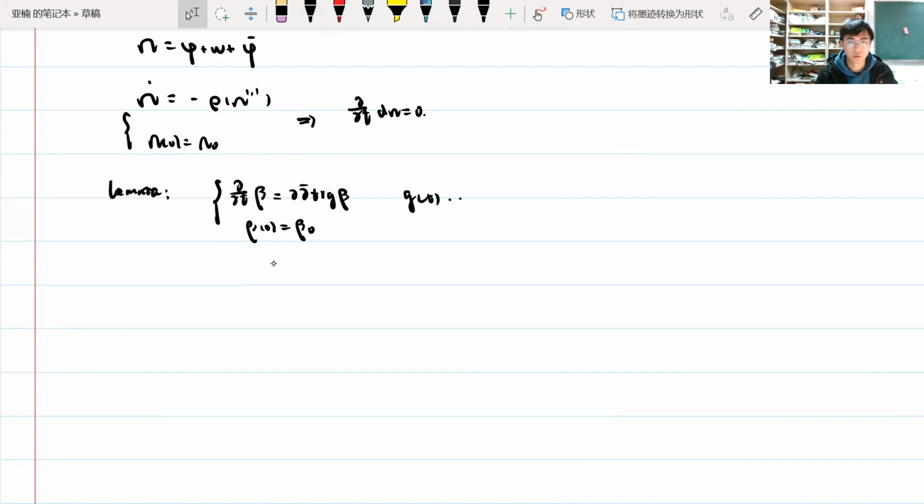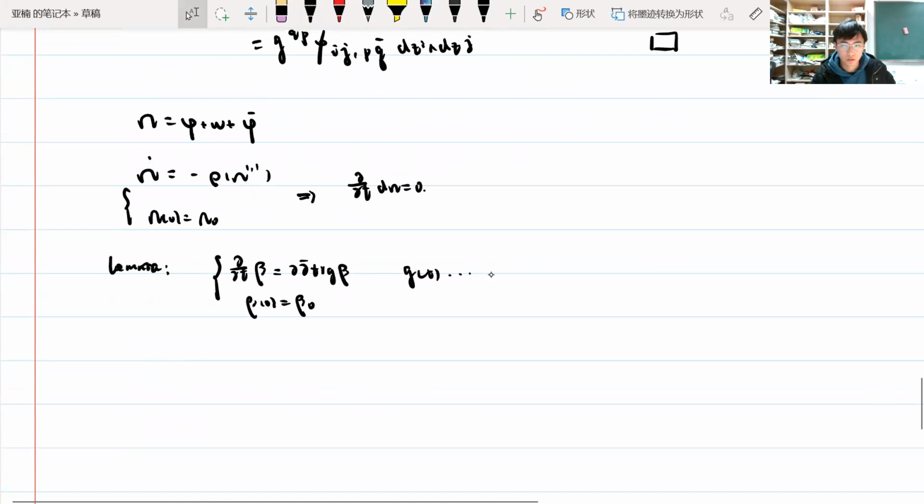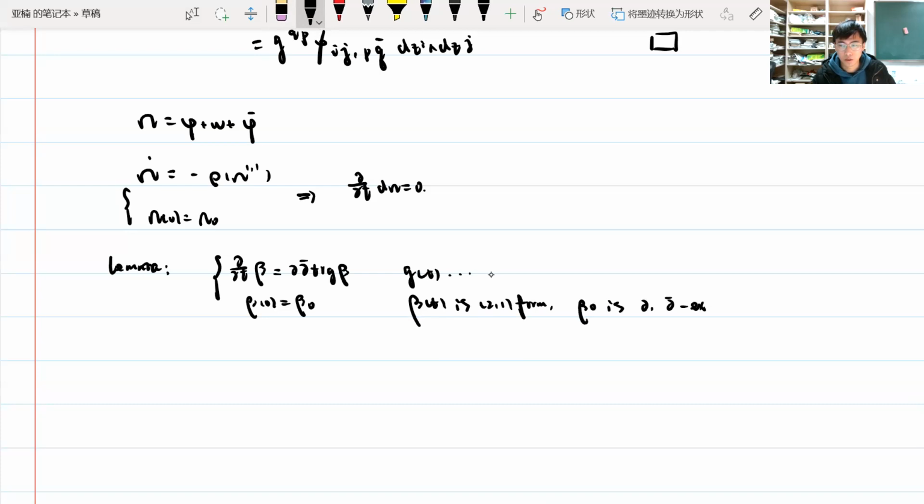It is like above. It is a smooth family of metrics, and beta 0 is, and the initial condition is d and d bar closed.